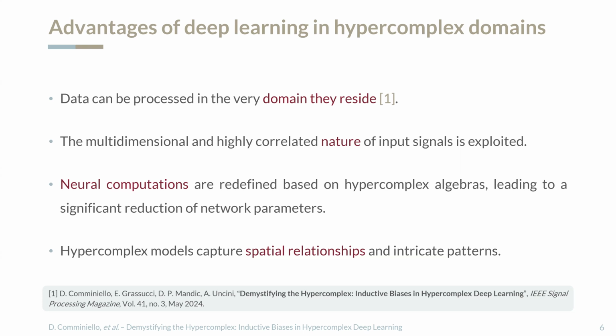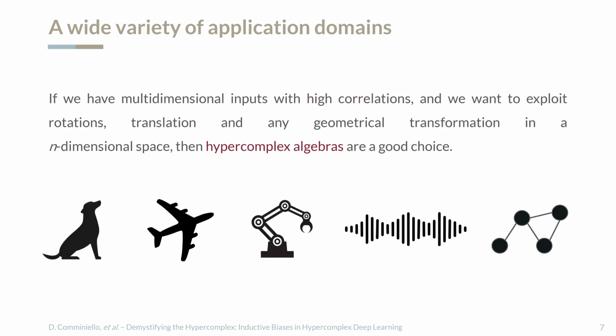So hypercomplex models capture spatial relationships and intricate patterns. This means that we can combine different details both during the spatial processing, but also in the time domain, as we will see.